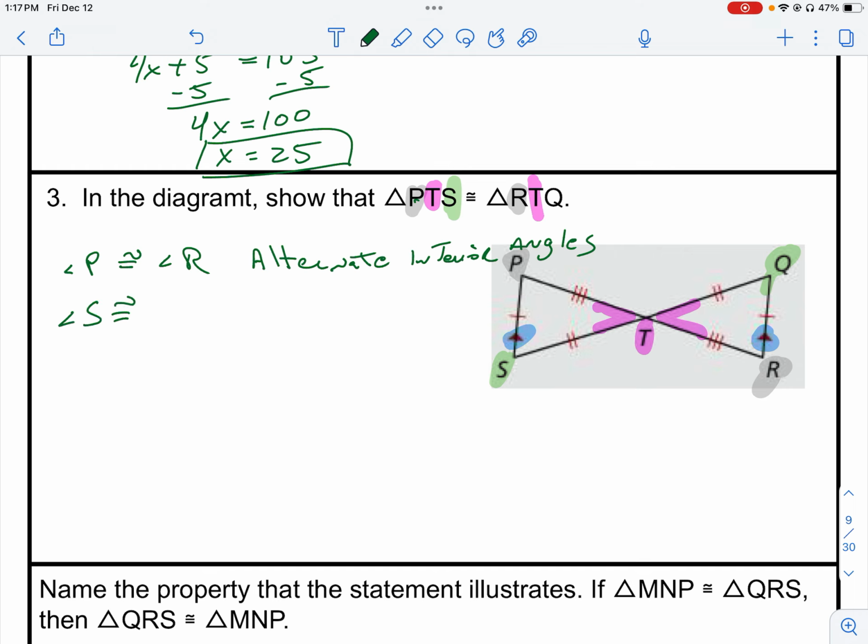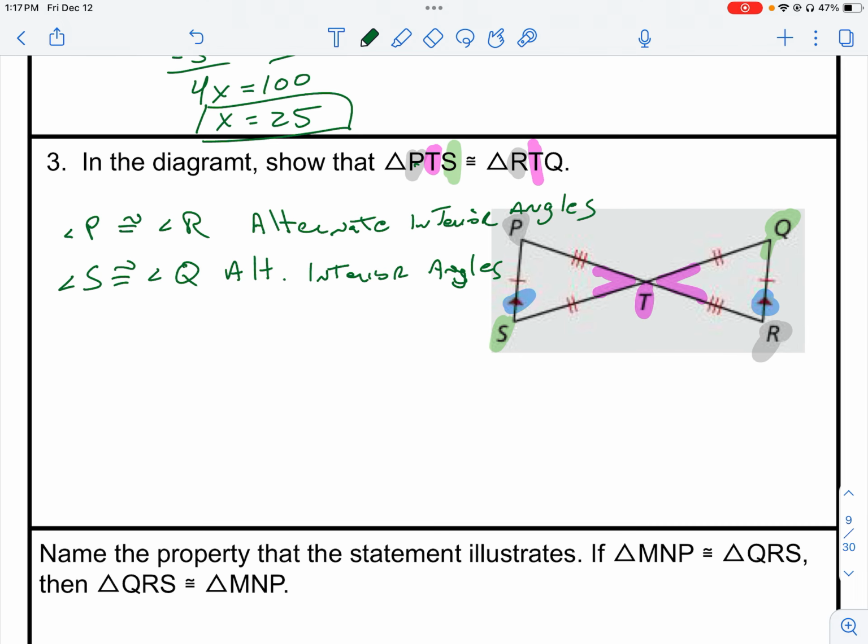Angle S is congruent to angle Q, also because of alternate interior angles, which we should be working hard at identifying immediately and looking for those specifically when we see parallel lines, because they do keep coming up on us for some odd reason.